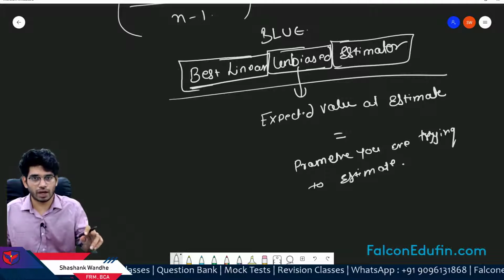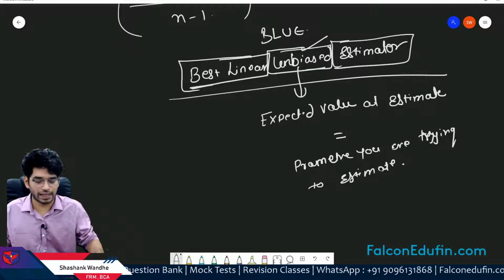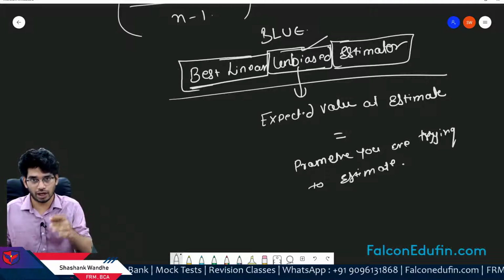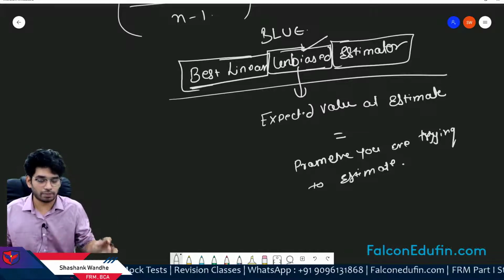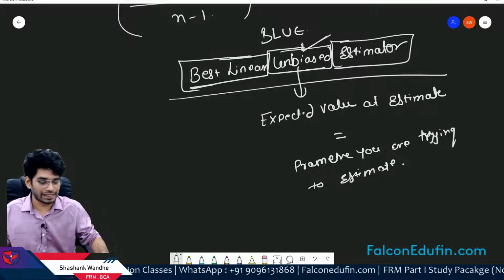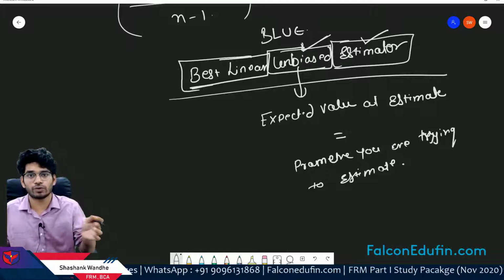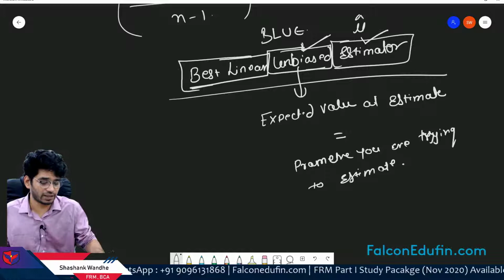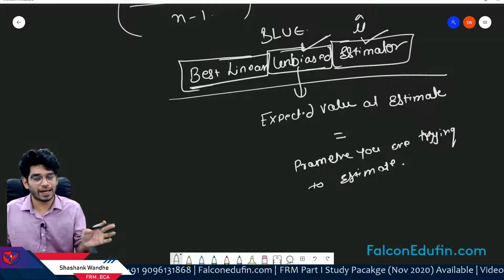So the first term you are able to understand, like what is the unbiased, why this term is given for the unbiased estimator. So one first term is clear, unbiased. Estimator you already know, because mu estimate is estimator, so that's why estimator.